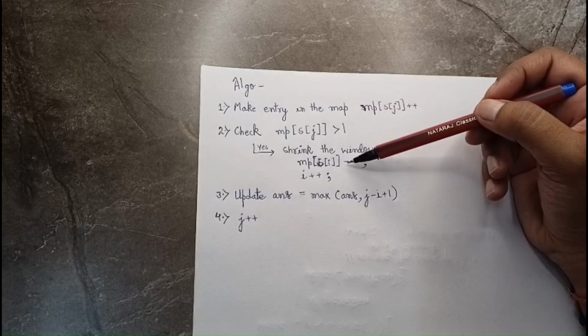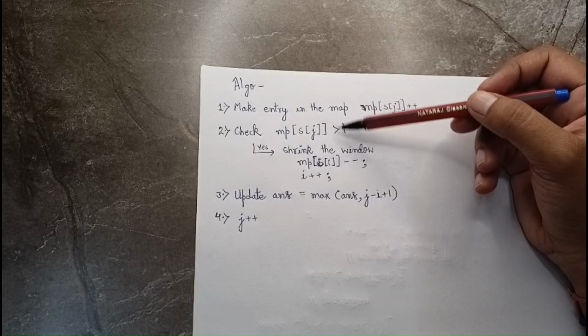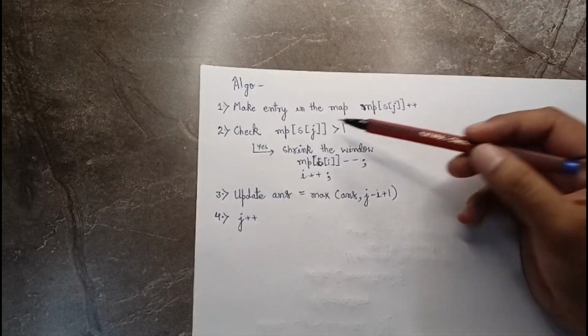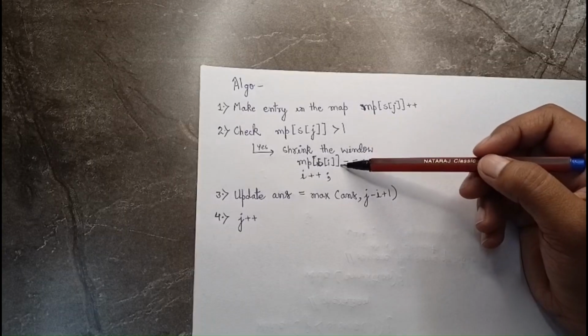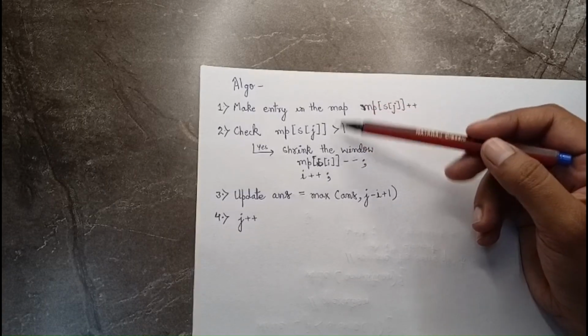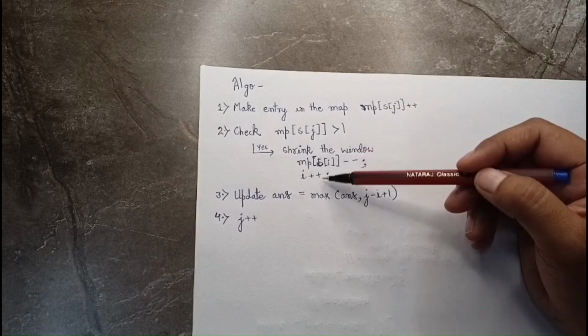So similarly, the way we had taken the entry of the character, in a similar way we will remove it, by which variable, by the ith variable. So from the starting we will be removing the character, the ith pointer's character.